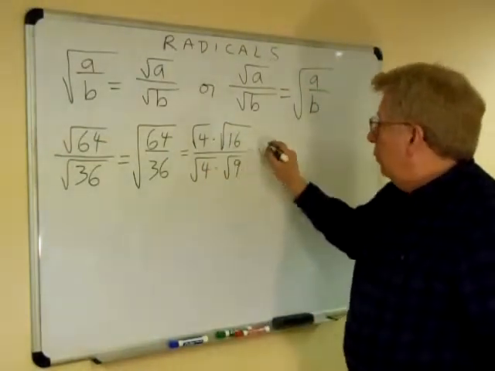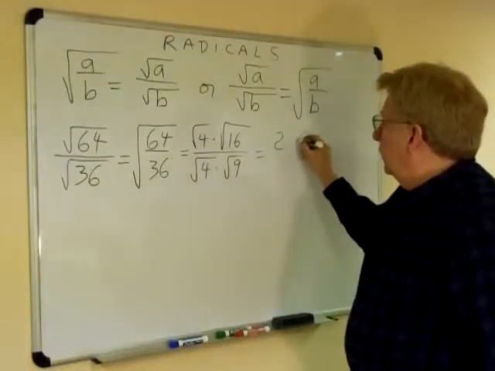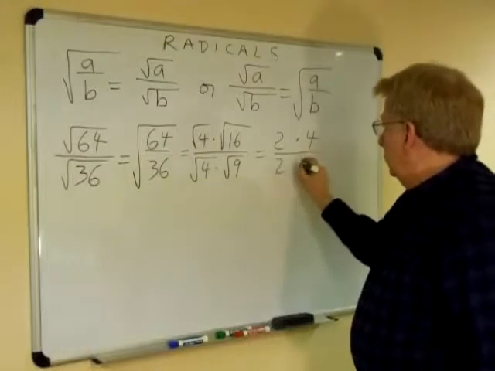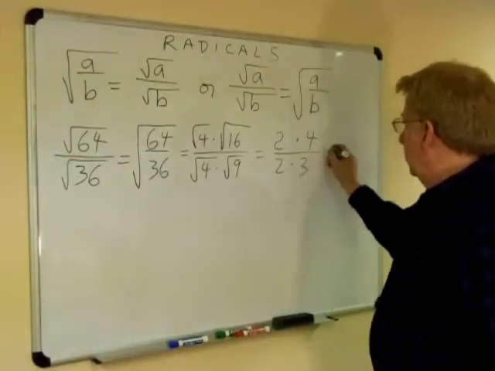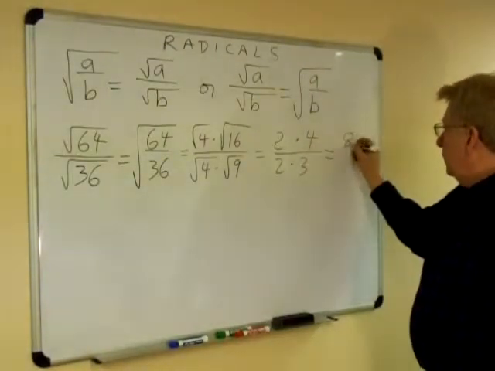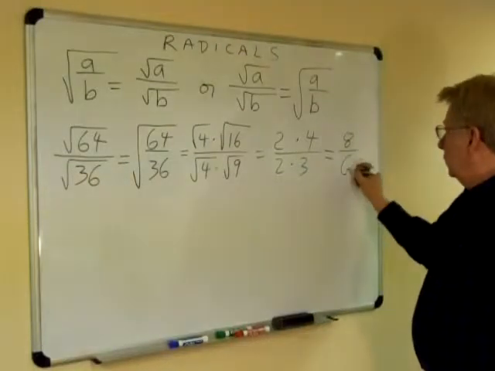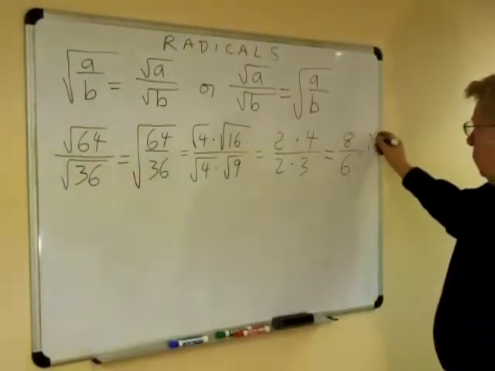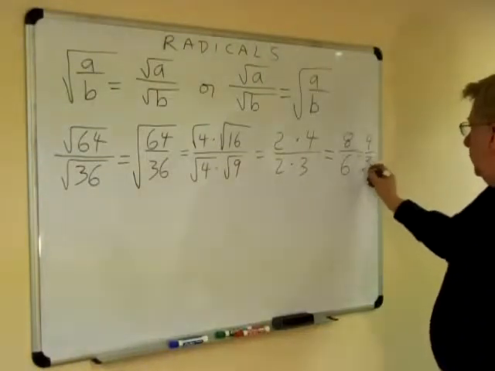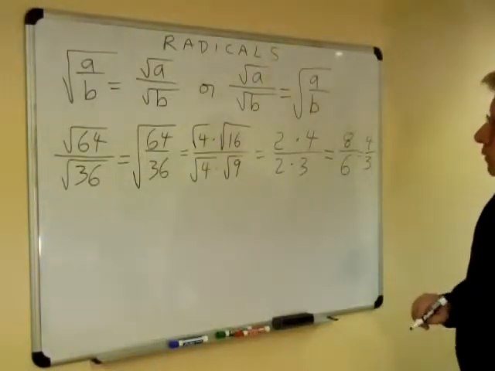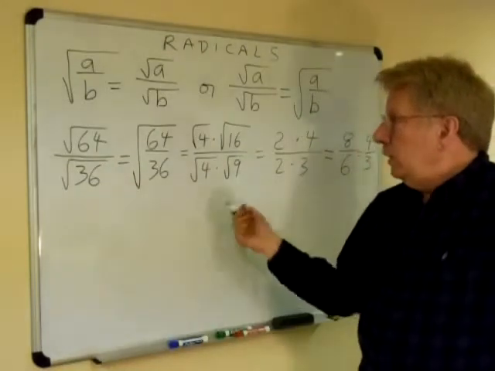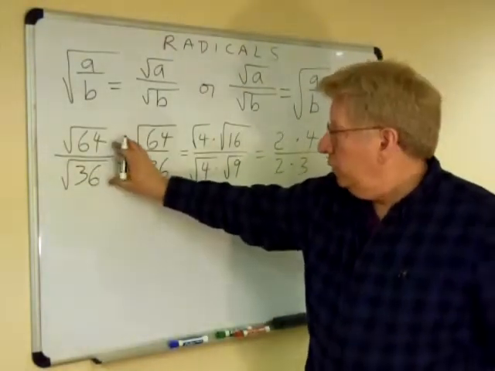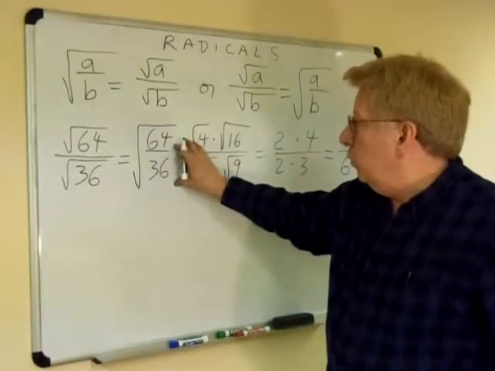The square root of 4 is 2, the square root of 16 is 4, the square root of 4 is 2, and the square root of 9 is 3. 2 times 4 is 8, 2 times 3 is 6. The common factor of 2: 2 into 8 is 4, 2 into 6 is 3. So we're helped by manipulating these radicals into different forms.